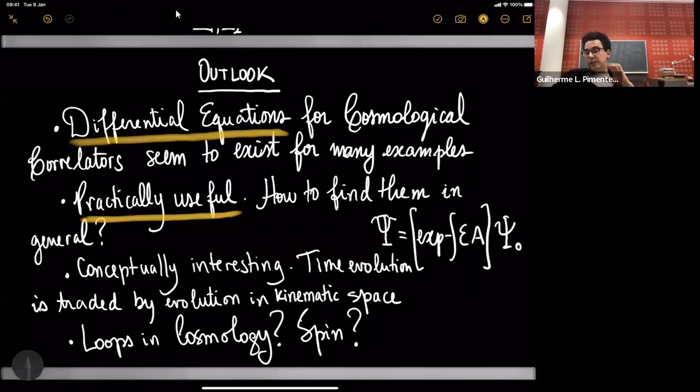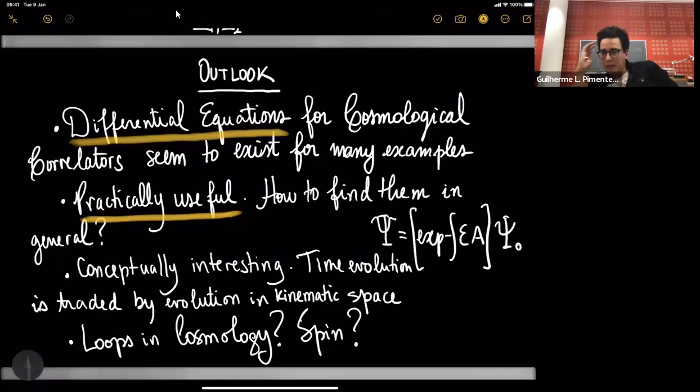And this new way of organizing the differential equations in terms of these flat connections, these matrices A, is extremely practical. At least for this toy model, I showed you the simplest diagram, but I think that now we know how to do it for any tree-level diagram. So can this machinery be applied to something more connected to cosmological observations?